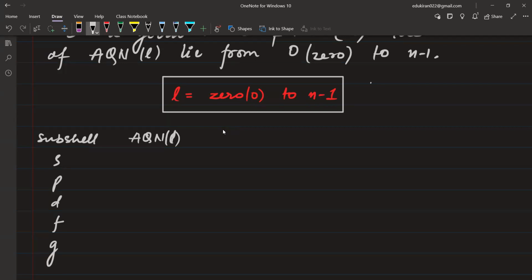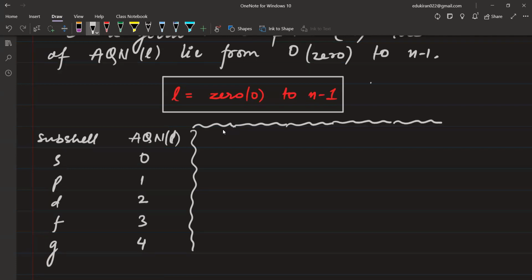The azimuthal quantum number for S subshell is 0, for P it is 1, for D it is 2, F ke liye 3, and G ke liye 4, H ke liye 5, and so on. All of you wrote this much, yes or no? Yes, sir. Very good.